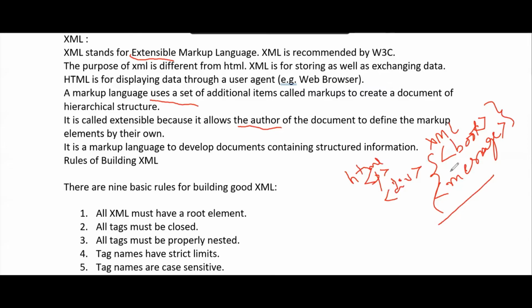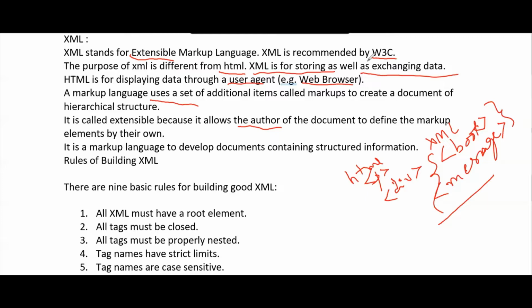XML is recommended by W3C, the World Wide Web Consortium, and the purpose of XML is different from HTML. Do not confuse that both are for the same purpose. HTML is for structuring your data, but XML is for storing as well as exchanging the data. HTML gives a structure to your data and displays it through the user agent, which is the web browser. But from XML, you cannot display the data.